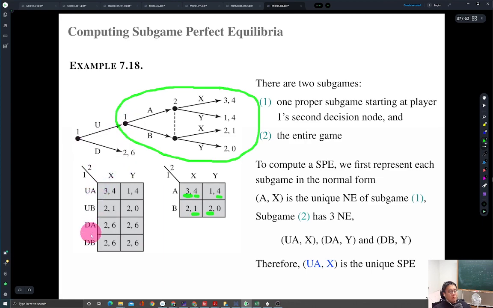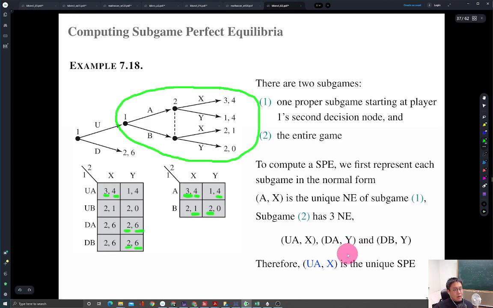So we have a total of 4. In this entire game, we have 3 pure strategy Nash equilibria: UAX, DAY, and DBY. I think checking whether these are Nash equilibria is a routine task, so let me leave it as an exercise.